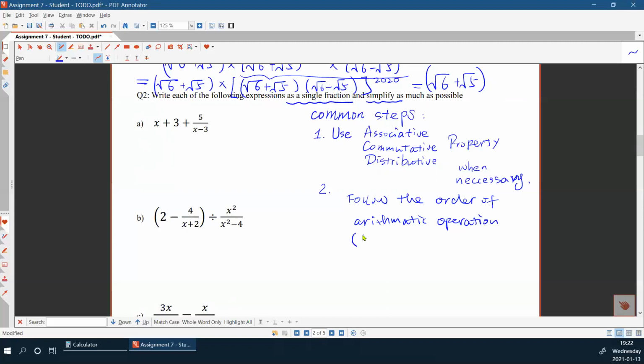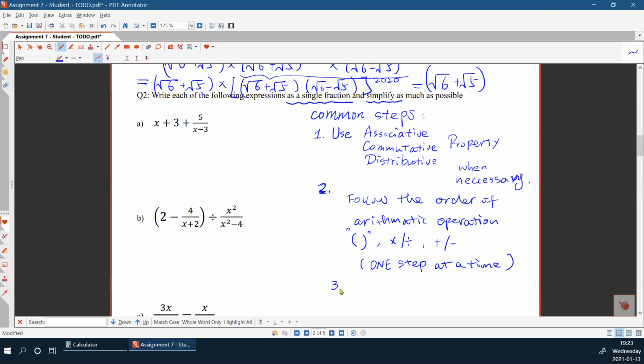Again, that means you calculate anything in the brackets first, and then these two, and then addition and subtraction, right? If you find anything complex, do remember to do it one step at a time. Do not try to do multiple steps at a time, because that way it's easier for you to make mistakes.